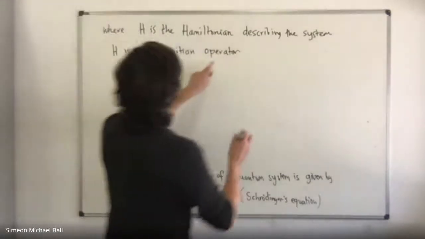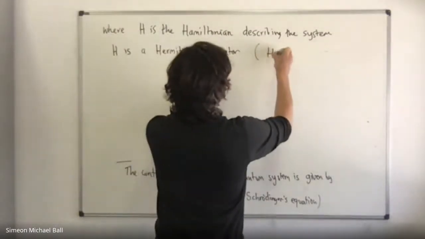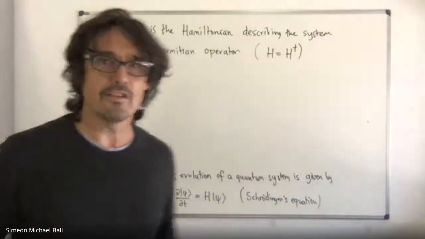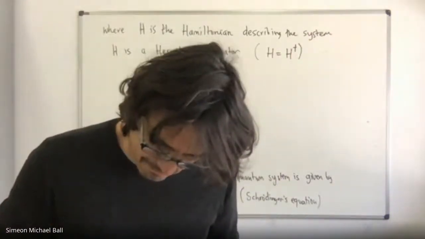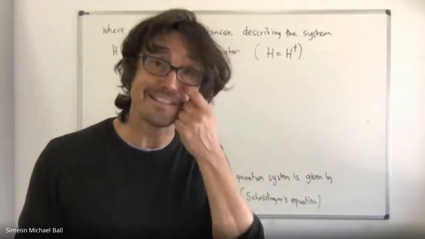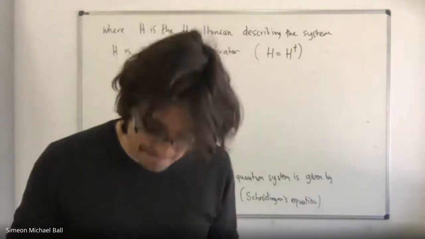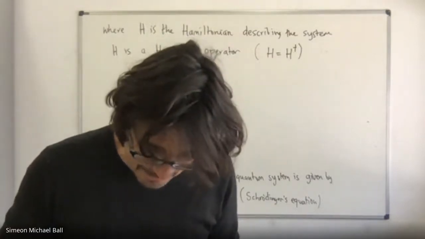So H is a Hermitian operator, which makes you kind of think that God just loves complex linear algebra, to put it at such a deep level in our universe.